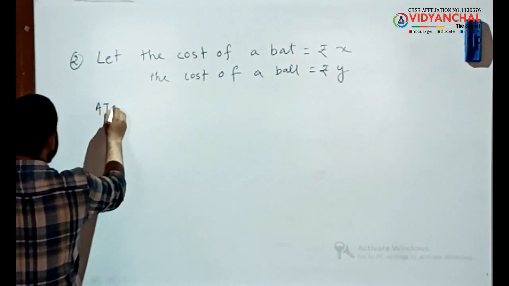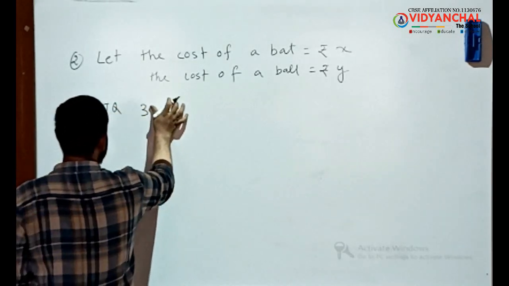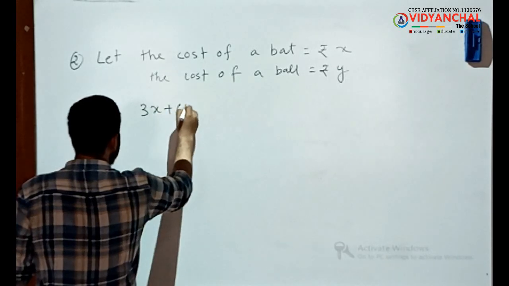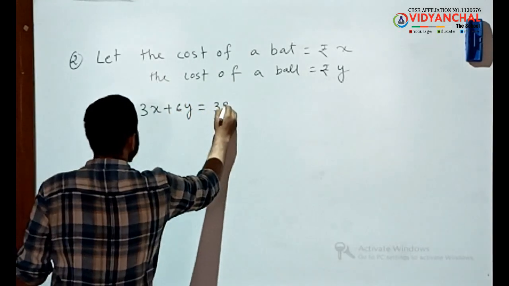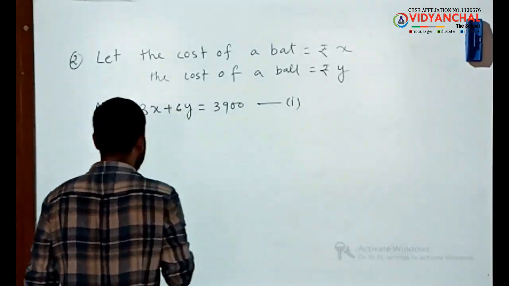So according to the question, 3 bats and 6 balls means 3x plus 6y equal to 3,900. This is your equation 1.